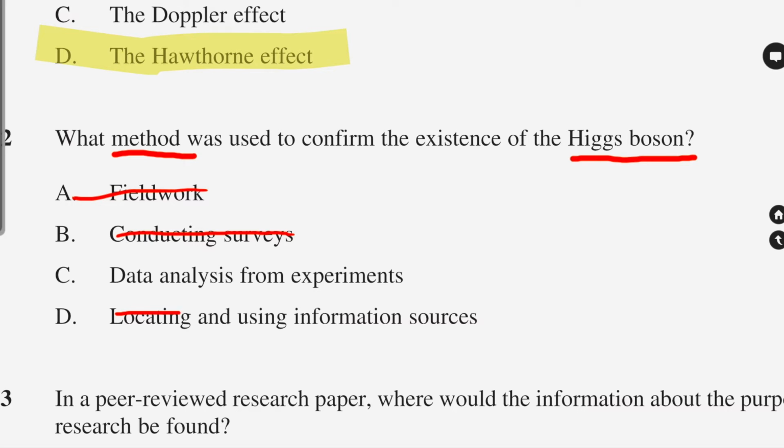Now this one is definitely not, because that is using secondary source information. At least these first two are first-hand methods. So when you look at that, essentially the best answer for this is data analysis from experiments. And, as I said before, you don't even have to really know too much about the Higgs boson to get that as your answer.